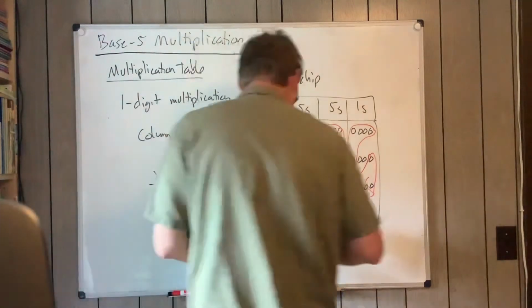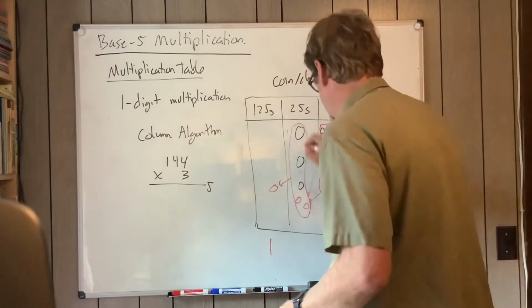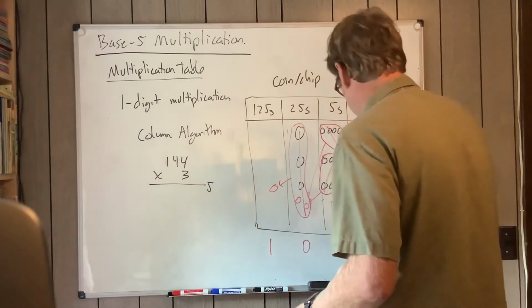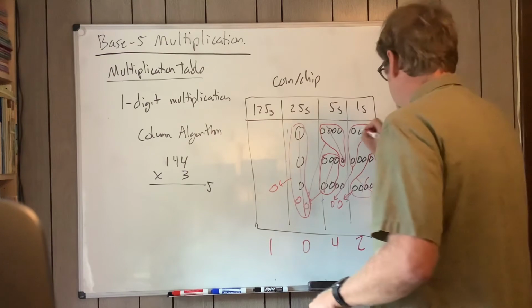Fix that. So it looks like in this case, I've got 1. I'm going to cross this out. 0. That's why I like to cross this out. 1, 2, 3, 4. And I'm left with 2.